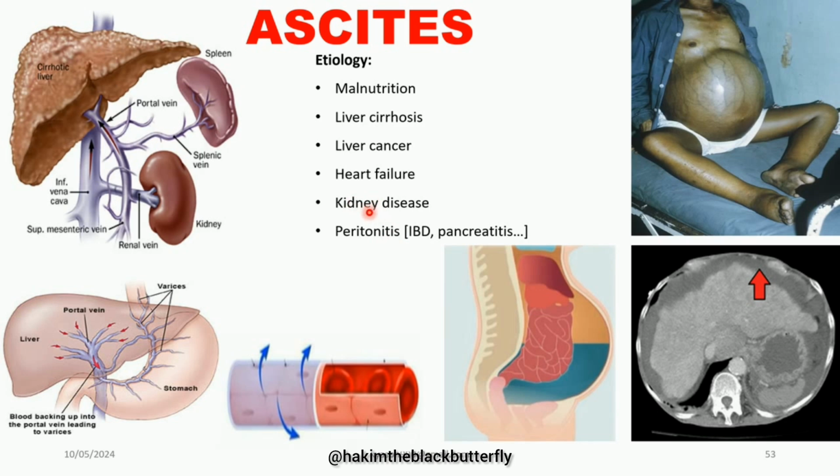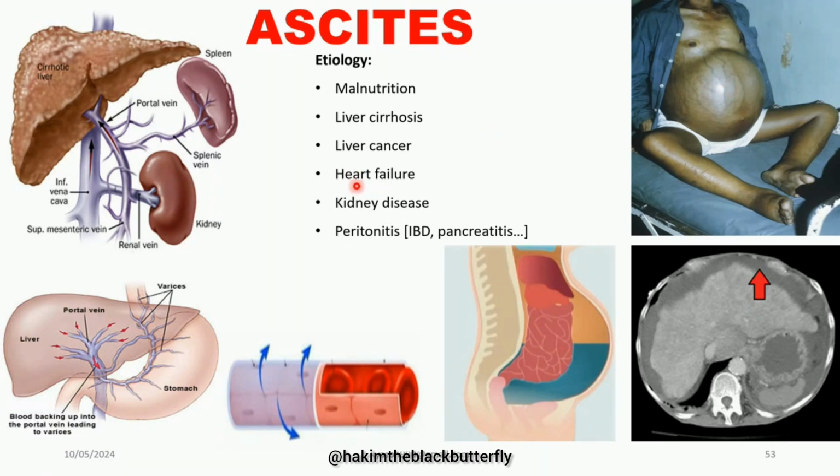Patients with kidney disease can present with ascites. We know the kidneys are important in eliminating excess fluids from the body. So if the kidneys are diseased, these fluids will be retained within the body, and these patients can present with not only edema of the lower extremities, but also ascites. Some of them can present with ascites.